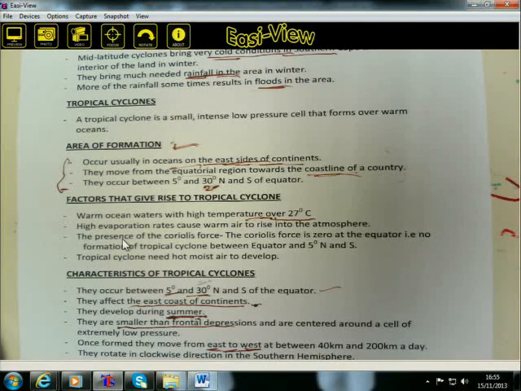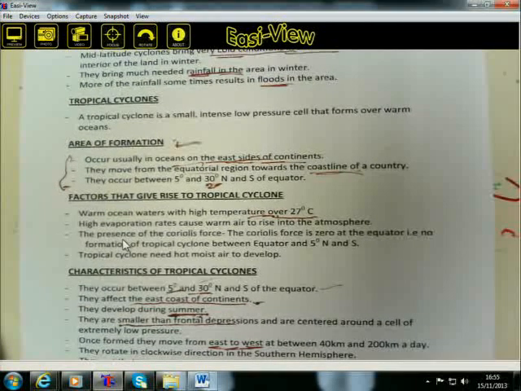Remember, the mid-latitude cyclone moves because of the westerlies. The word westerlies means from the west to the east. Tropical cyclones move from the east to the west, the opposite of the mid-latitude cyclone. Why?